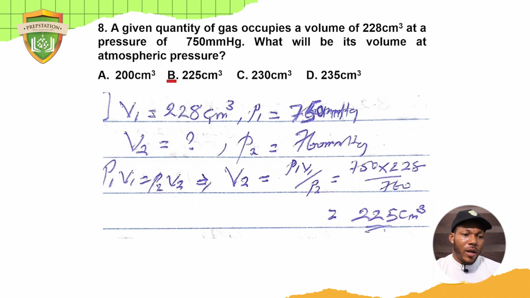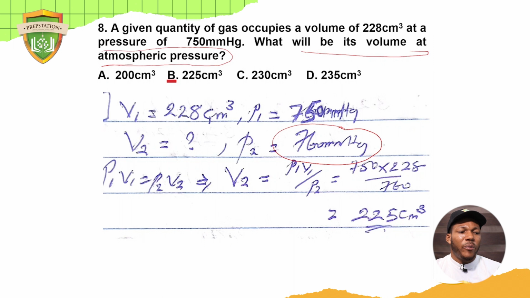You are given P1 and V1, and you are given P2 indirectly. When it says atmospheric pressure, they are referring to the standard pressure of a gas, which is 760 mmHg. So don't say you are not given. This statement means you are given pressure.